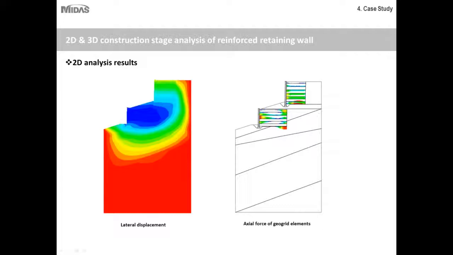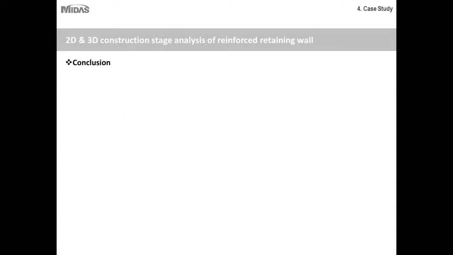So just to be more clear on the point that the out of plane deformation of the wall is controlled, they checked this model for the 2D analysis and for lateral deflection.